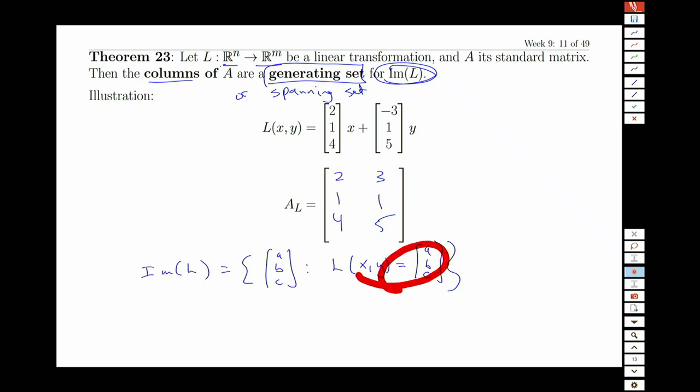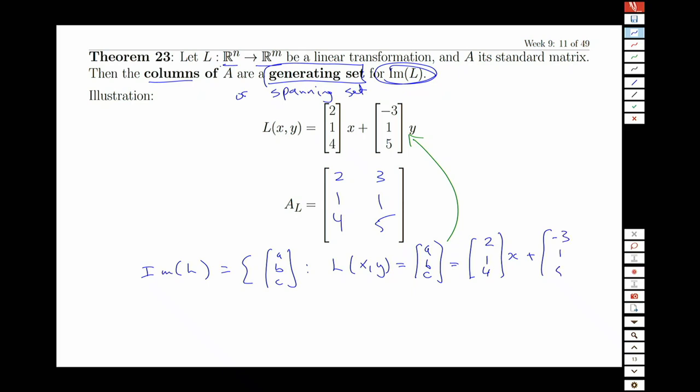But if we take a look at this, we can actually expand it out. This is equal to (2, 1, 4) x plus (-3, 1, 5) y. And that literally tells us what a spanning set is.